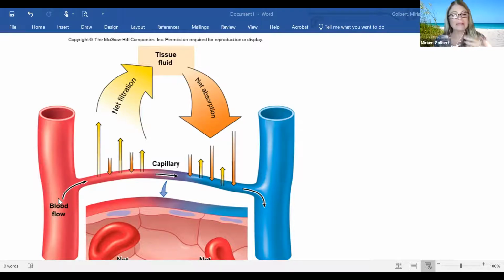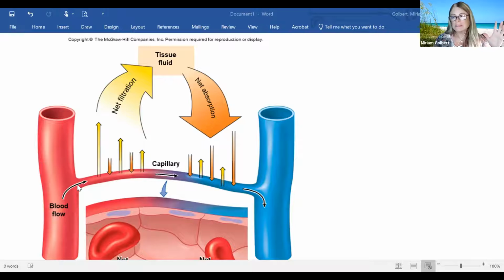So when you look at the arterial end, you see different arrows here, right? So you see 3 yellow arrows that are going up, meaning from the capillary to the tissues, right? But we also see these 2 other arrows that are going in. So what it means is opposing forces, right?